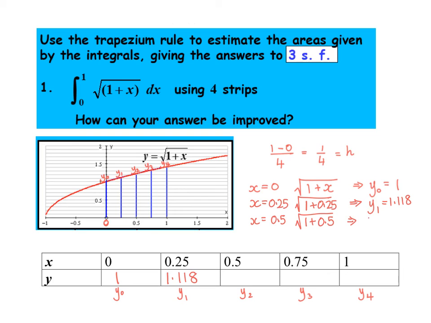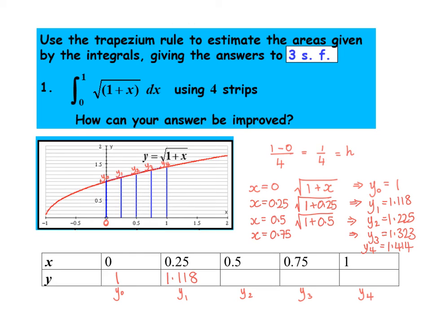So that tells me that y2 is going to be 1.225, and when x is equal to 0.75, substitute it in again and we get y3 is equal to 1.323, and then y4, the last one, when x is equal to 1, is equal to root 2, which is 1.414.